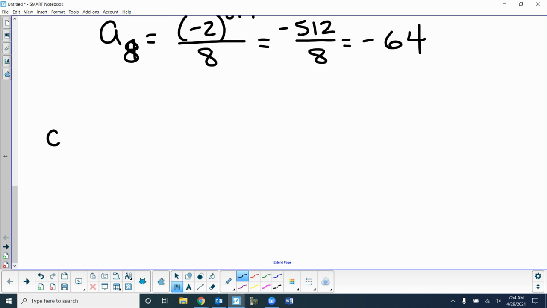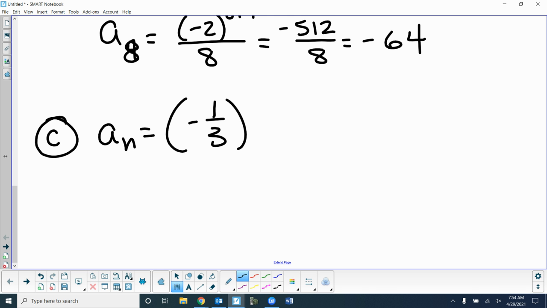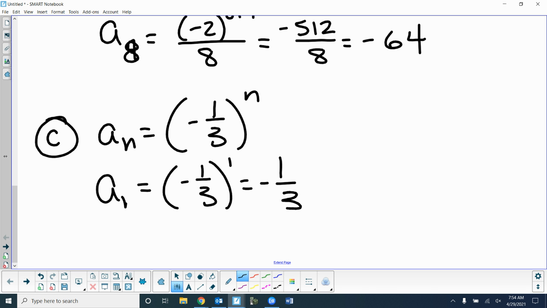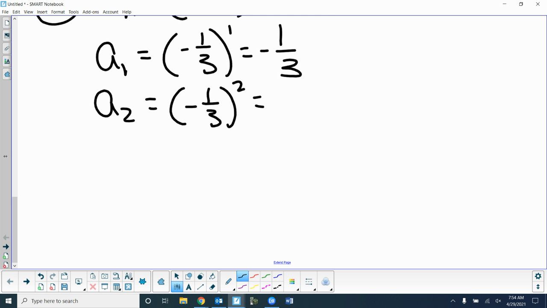The last one, or the third one, we're taking negative 1/3 to a power. So the first power, anything to the first power is itself. Second power, just 1 squared and 3 squared.